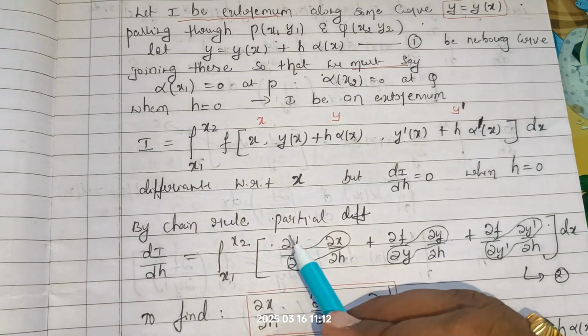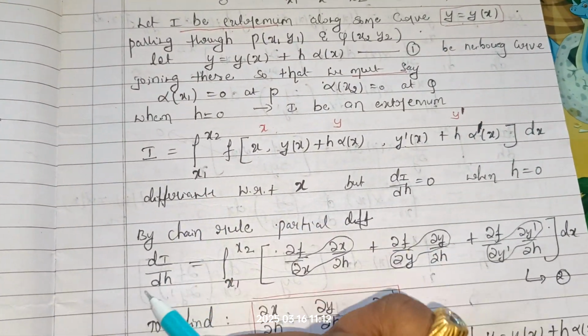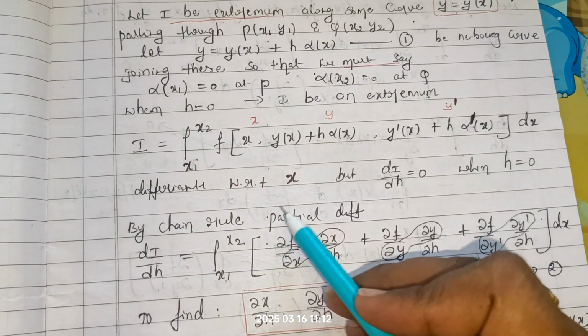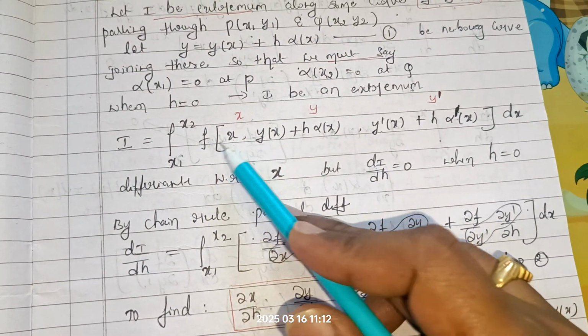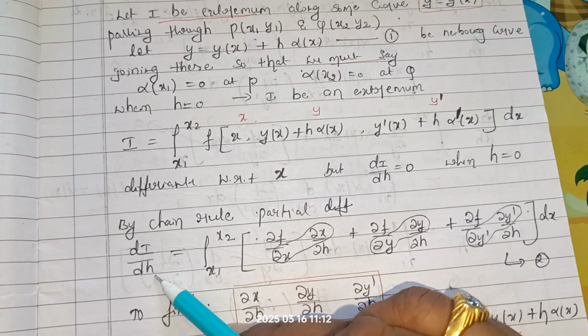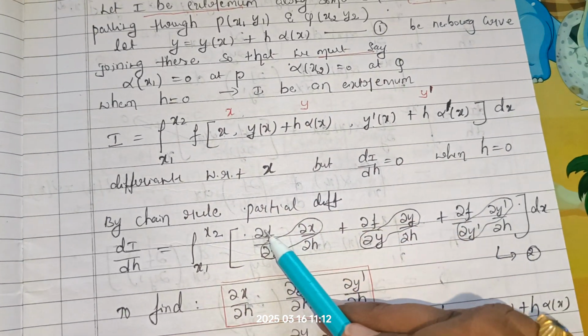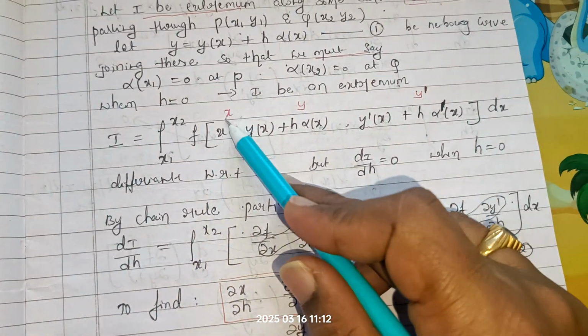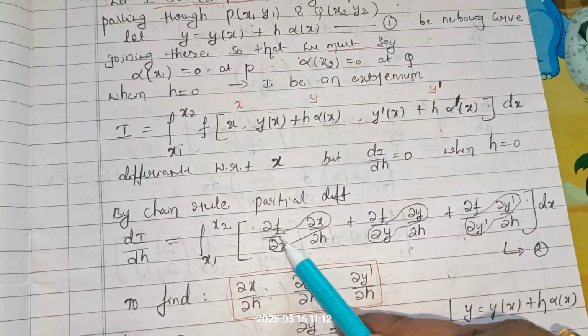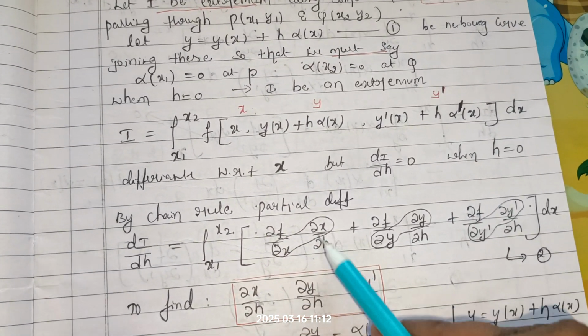By the chain rule of partial differentiation, dI/dh can be written as the integral from x1 to x2 of ∂f/∂h. Since x is a parameter, by the chain rule we take ∂f/∂x into ∂x/∂h.